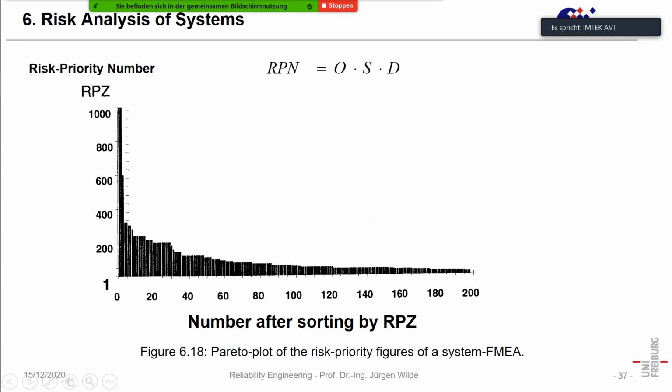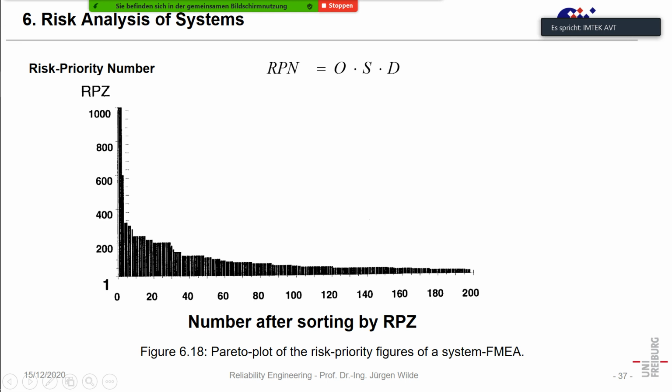You could also say, when you look at the quality of a design, the quality of design is the better, the farther to the right in the risk priority number you stop taking actions. So let's say a design having here risk priority numbers, the risk priority number is here, and that's just the number.